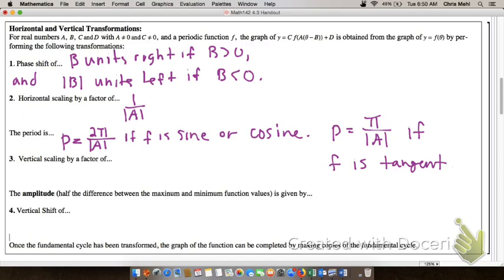So the phase shift tells you where the new fundamental cycle begins, and then the period is going to give you essentially the length of that fundamental cycle.